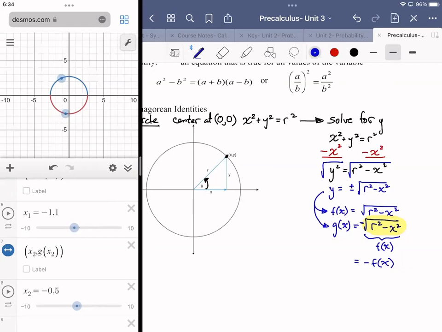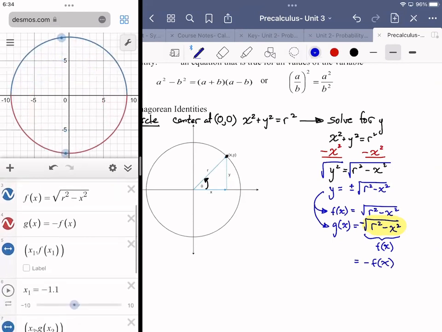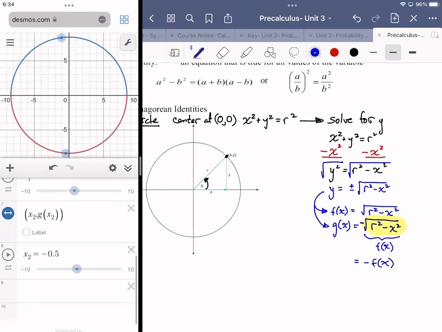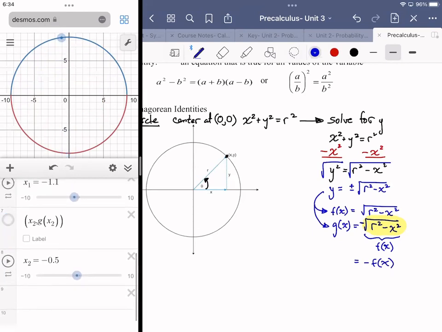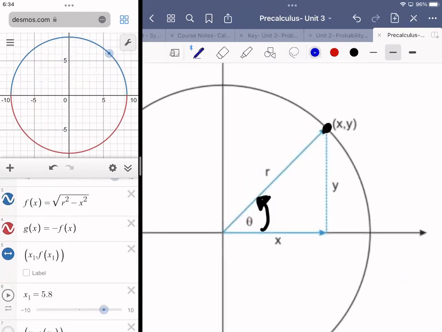Every one of those points has a horizontal distance away from the center that we call x, and a vertical distance that we call y.